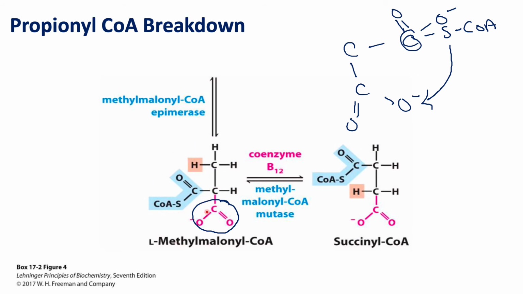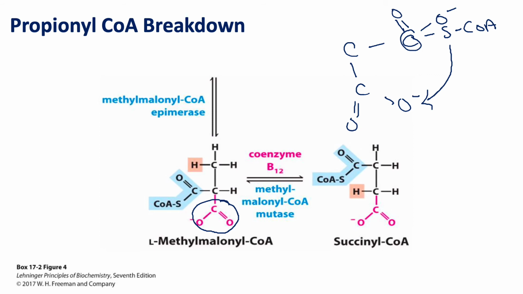And right now in this state, these bonds cannot be easily moved. So there must be some sort of mechanism in place to move these bonds, and that is done with the help of coenzyme B12. Coenzyme B12 acts as an intermediate to facilitate the exchange of two functional groups.